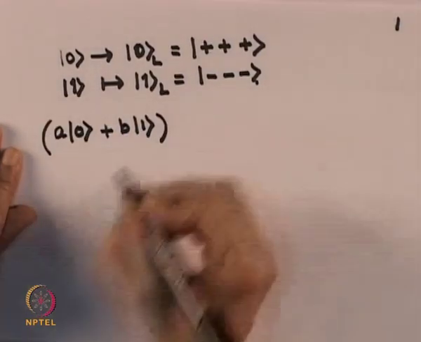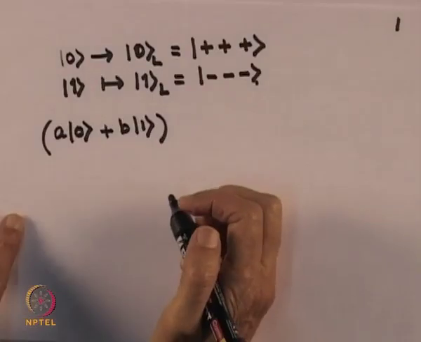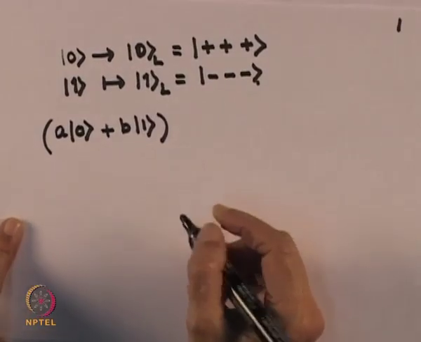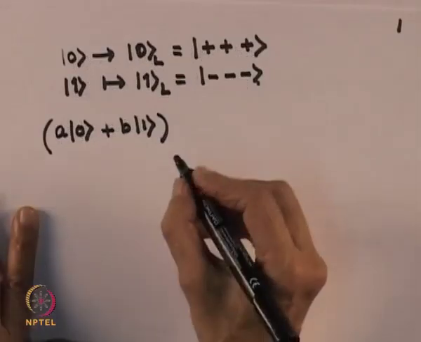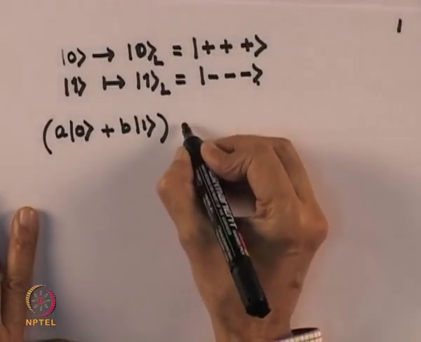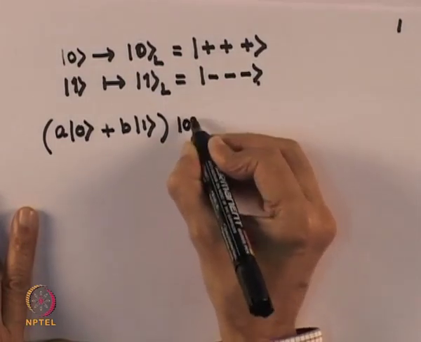I am showing the circuit here on the slide, and I will go on explaining what this encoding circuit actually does. The first thing is what I have called the phase flip encoding. I start with A0 plus B1, and the first thing we do is introduce two ancillas.